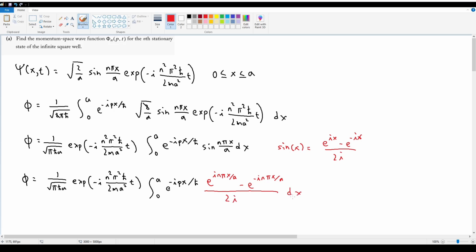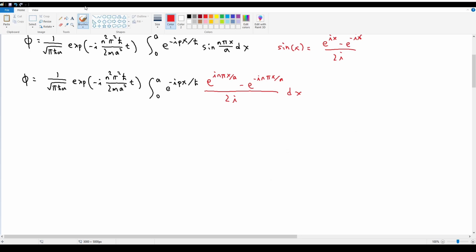Now let's further take out the 2i so that we're just dealing with this term multiplied by this term. So now phi is equal to 1 over 2i square root pi h bar a, copying this over.